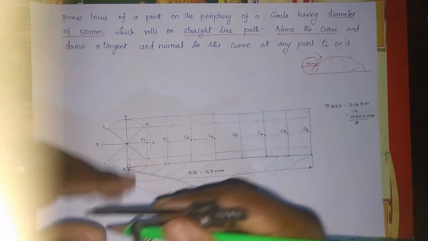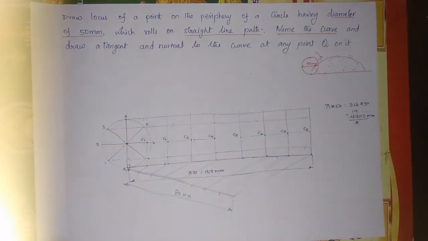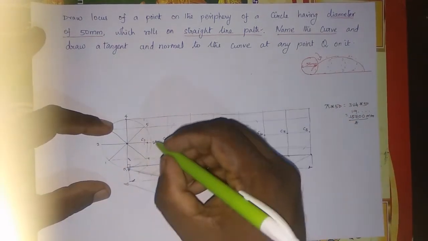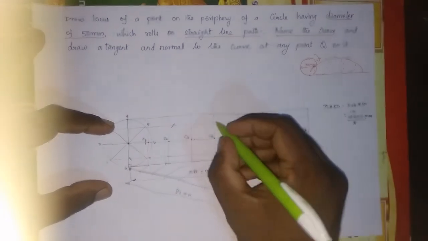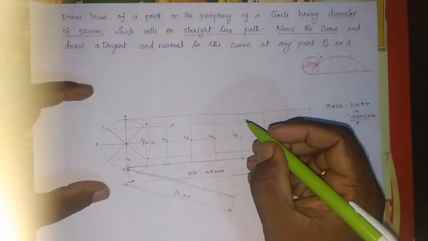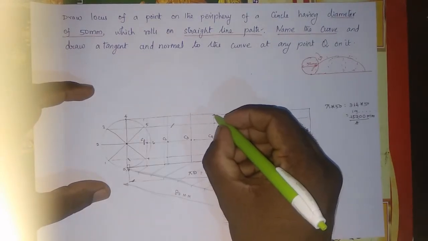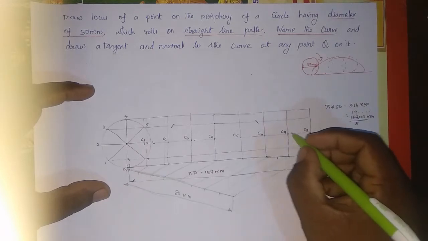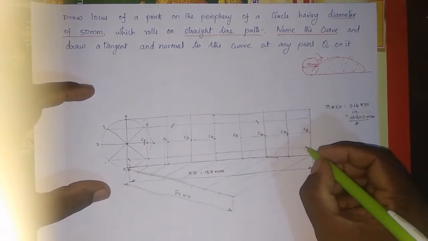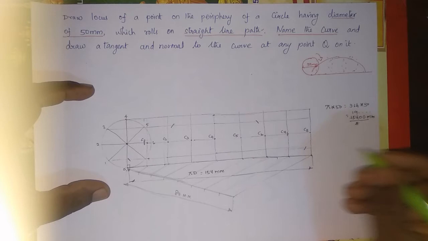So we got 8 points: C1 to 1, C2 to 2, C3 to 3, C4 to 4, C5 to 5, C6 to 6, C7 to 7 and C8 to 8.